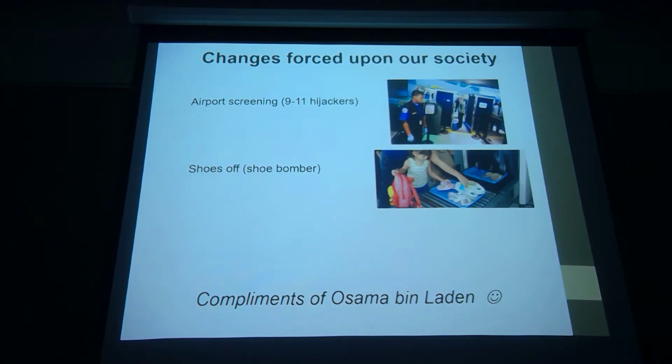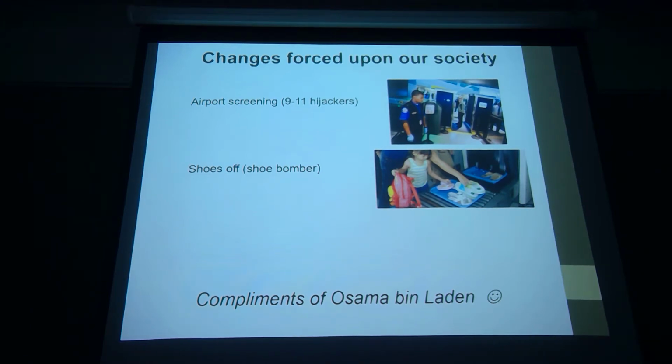There's been changes forced on our society. You guys don't know this because for the most part, when were you born? 97. Okay, so you two were born 4 years before 9/11. So you grew up in a post 9/11 world. So if you've traveled, you've gone through airports, you've always known this setup where you have to take your shoes off and all that stuff. When I was your age, we didn't have to do any of that.